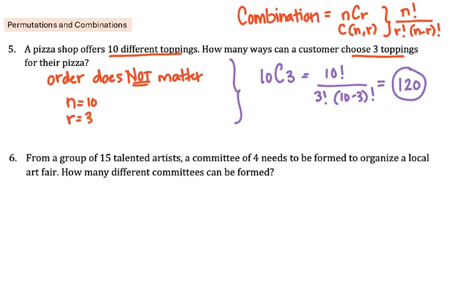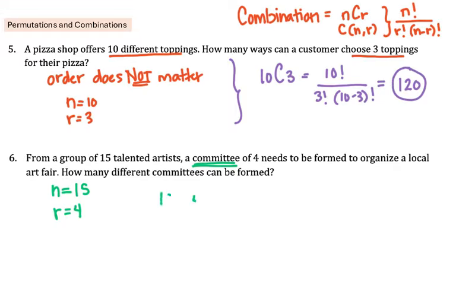Okay, let's look at the next question. From a group of 15 artists, so that means n equals 15, we're choosing a committee. Now, a committee usually implies that order doesn't matter. Doesn't matter who you pick first, second, third, fourth. They're all going to be in the group together. So this, again, is a combination. We're choosing 4.